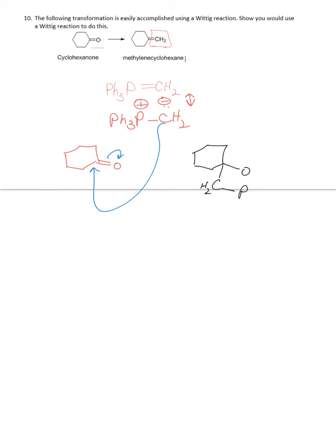This is still bonded to phosphorus, and now these electrons from oxygen go towards phosphorus, and you make an oxaphosphatine. And it's just a four-membered ring.